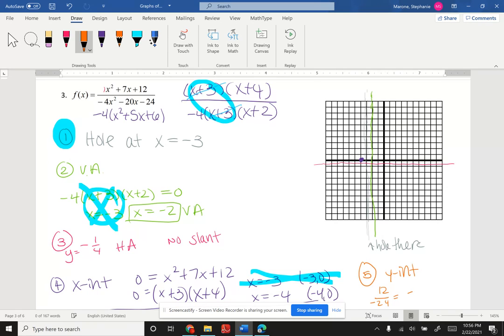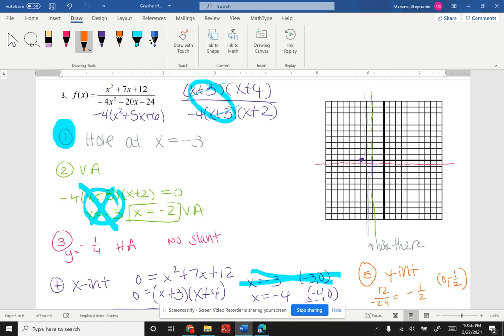Because all the x's are going to go away. So if all the x's go away because they're zeros for x, then you're just left with the ratio of the constants. So 0, 1/2 is the y-intercept.